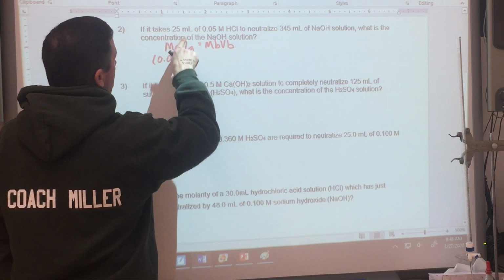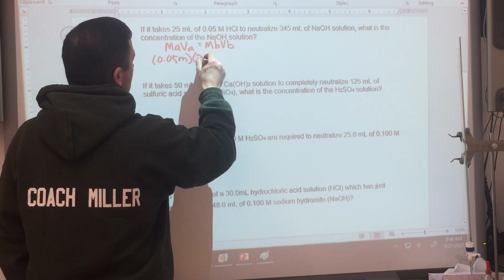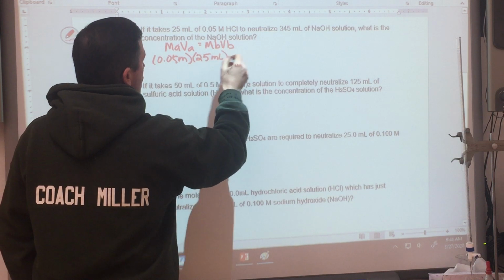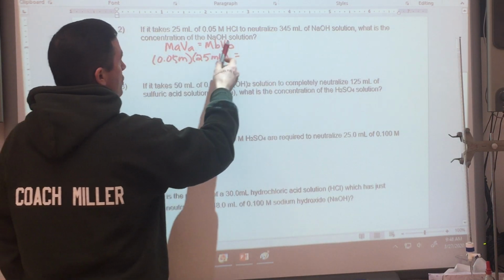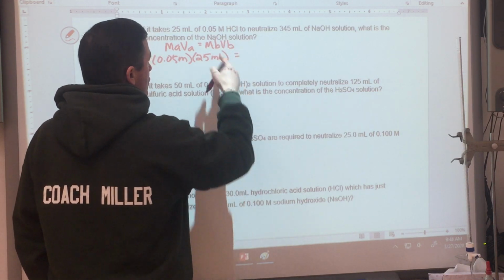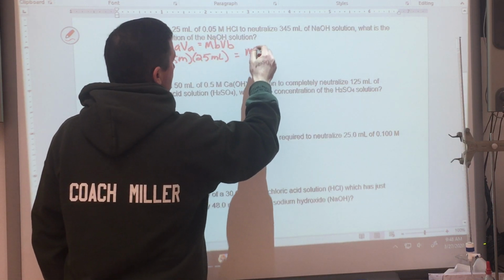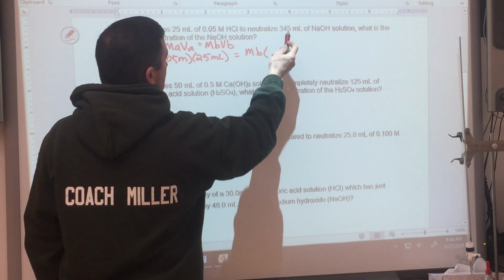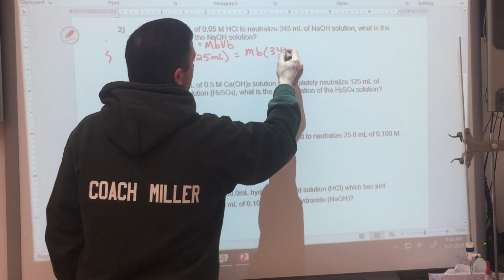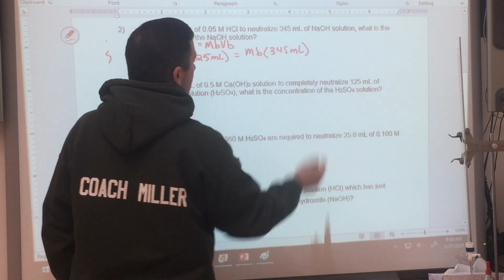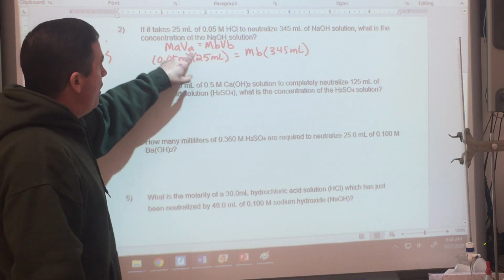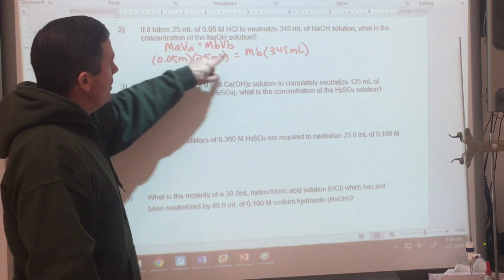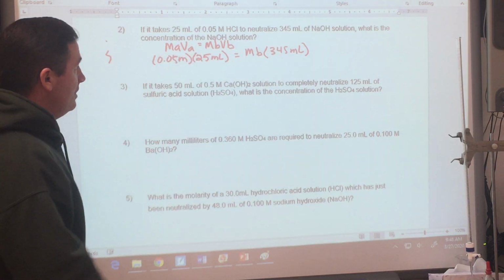And it takes 25 milliliters to neutralize the base. What is the concentration of the NaOH solution? So I'm looking for MB, and it tells me it's 345 milliliters. It takes 25 mils of this acid to neutralize that.